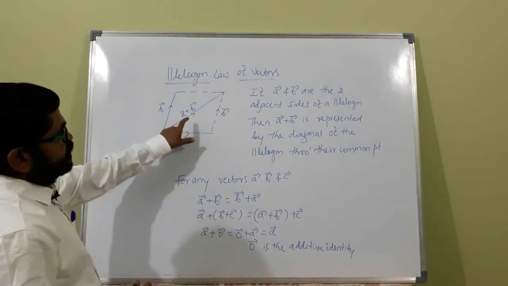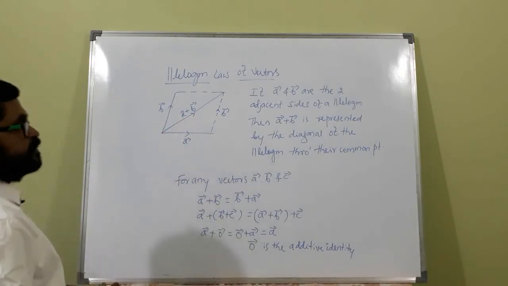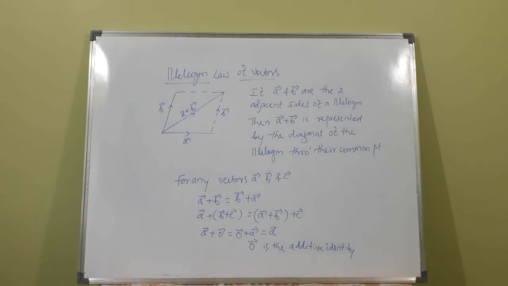Hence, we can find the sum of A and B by completing the parallelogram. Properties: for any vectors A, B, C, A plus B is equal to B plus A, commutative law, and A plus B plus C is equal to A plus B plus C, associative law. Here, the null vector is the additive identity.